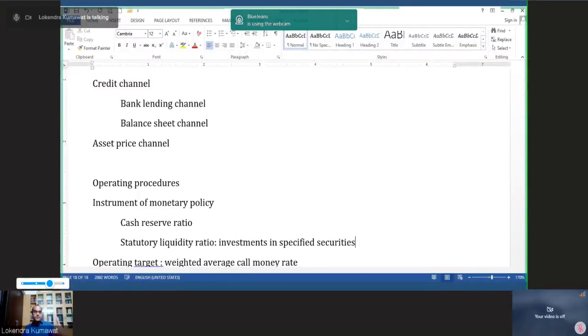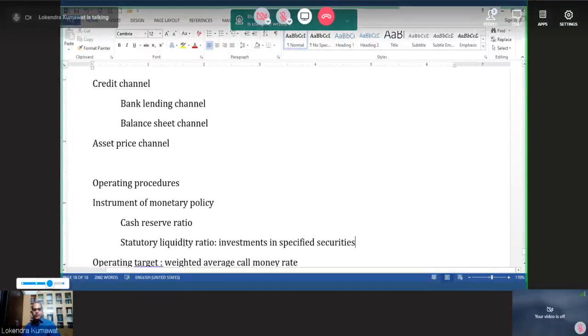For instance, it is in gold, government securities, and some other securities specified by the Reserve Bank of India. Your book contains a list of the instruments which are eligible. I will not go into details of that.